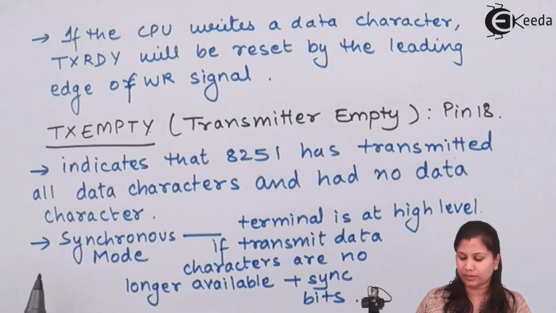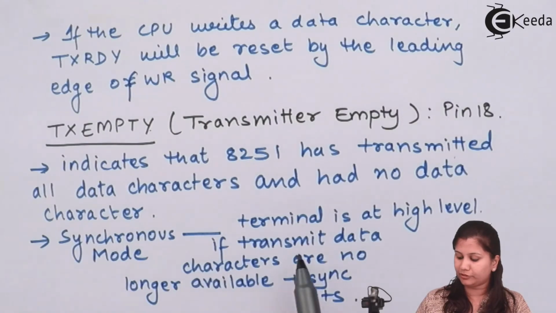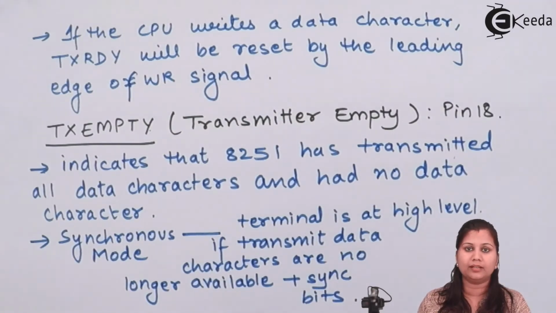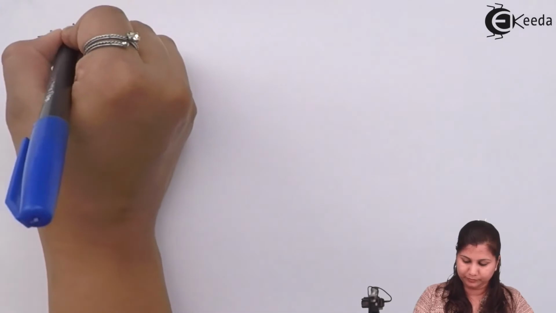So in the synchronous mode, this terminal is at high level if the transmit data characters are no longer available with the transmitter, and the sync bits are also automatically transmitted.